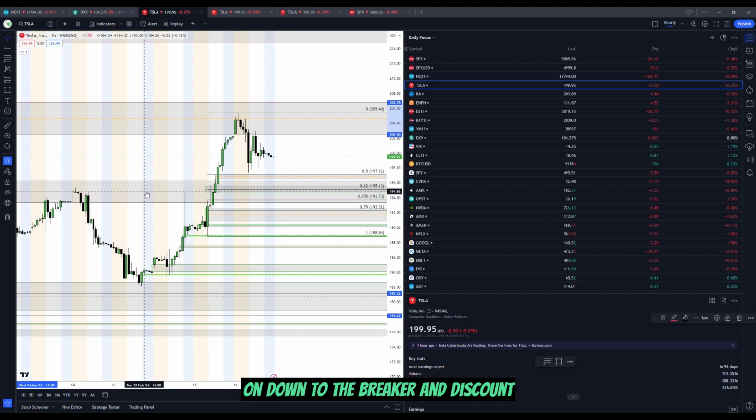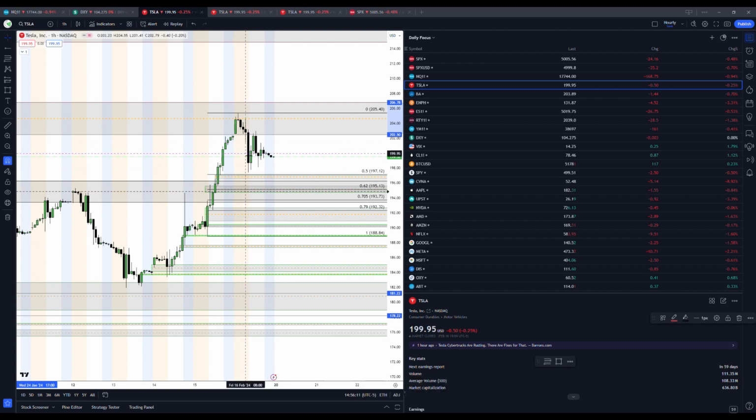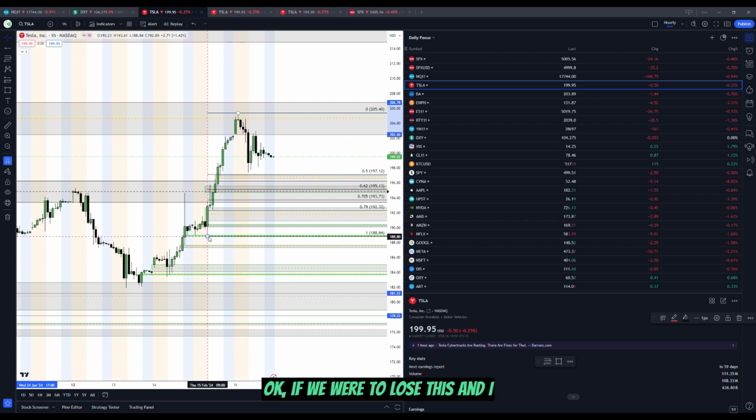If we can come on down to the breaker in discount of our bullish range, to me, that not only limits what my potential downside risk would be in that situation, but it also gives me a good idea of, okay, if we were to lose this and I lose the trade, I know things might be shaken up here. But I think to me, this would give me the best opportunity to get in with a very solid entry, so I'm not going to get shaken out, right?